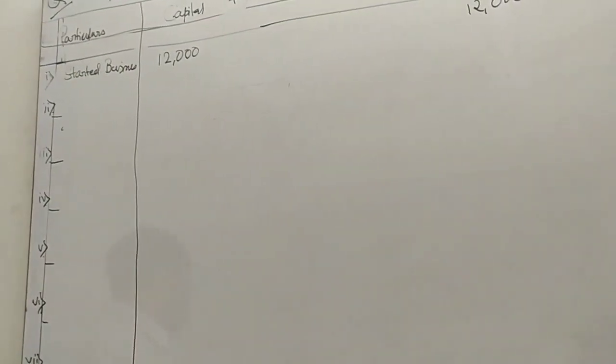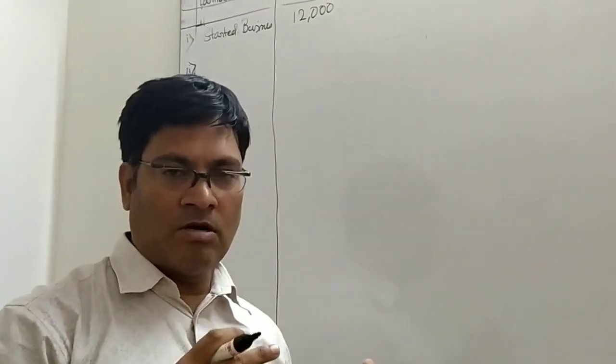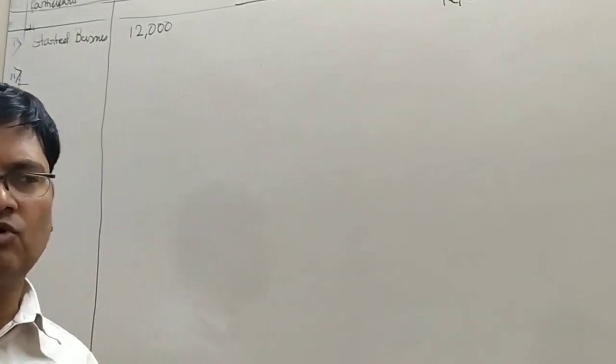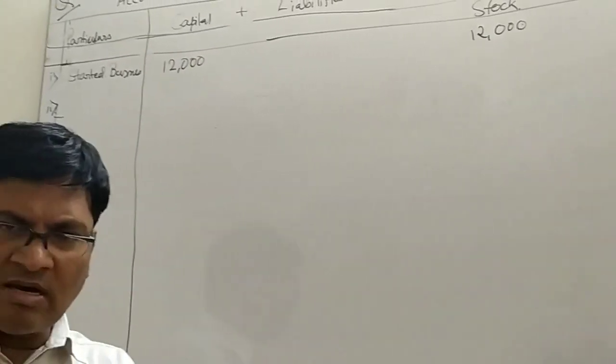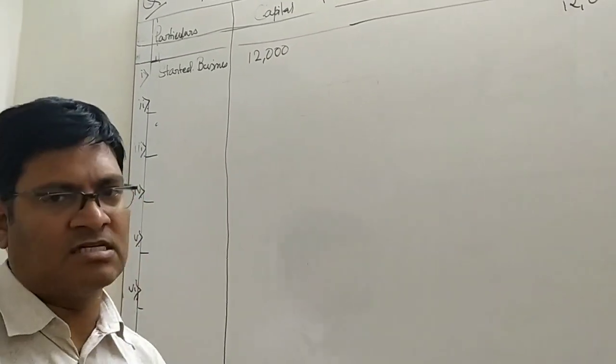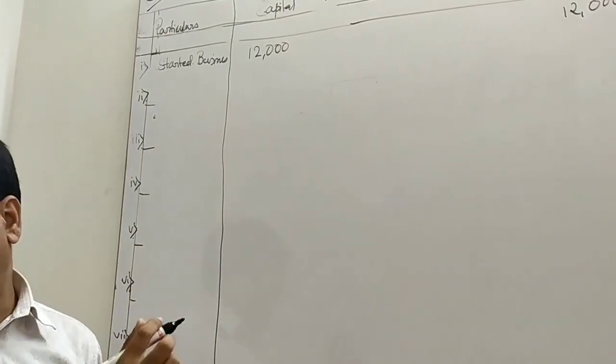Next is introduced 10,000 by selling personal computer. That means you have sold some old personal computer of yours in the market from personal sources. You got the money, and that money you are investing in the business. So again your capital has increased by that 10,000.